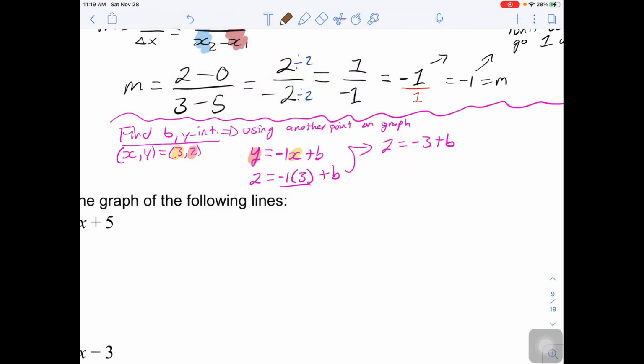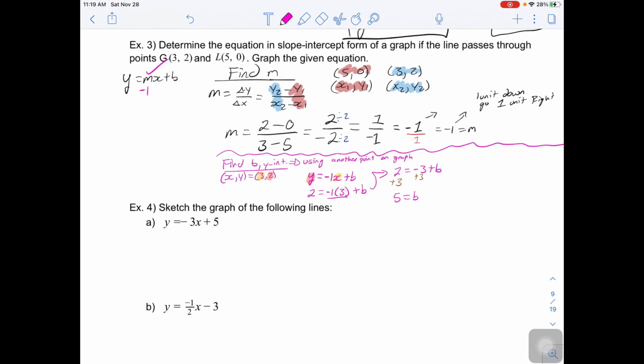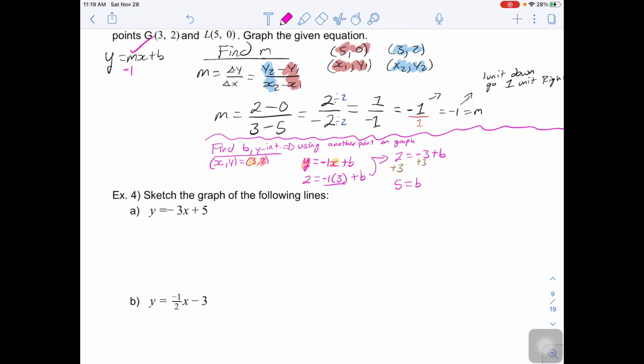Now I can add 3 to both sides, so I will get 5 equals b. And there is my y-intercept.